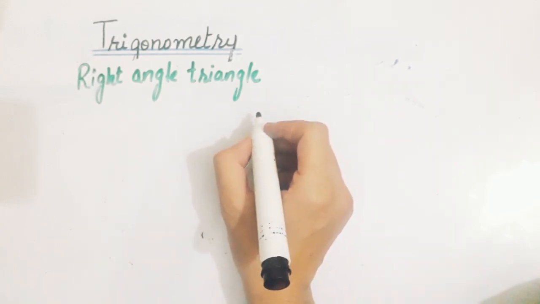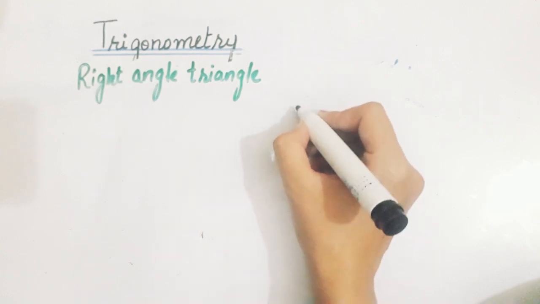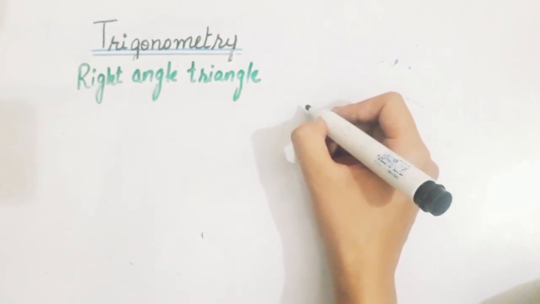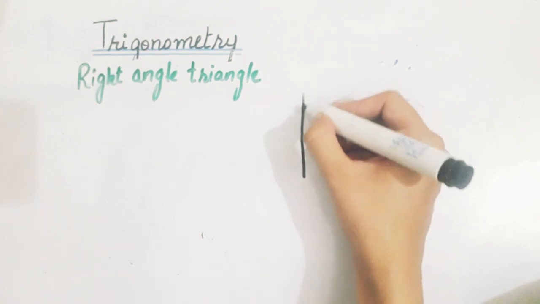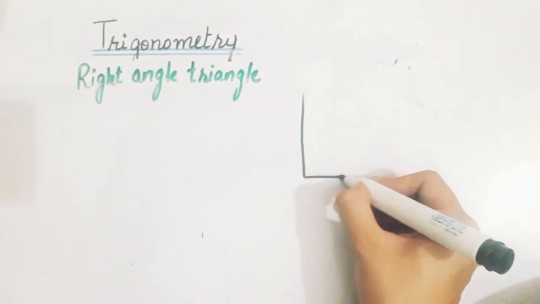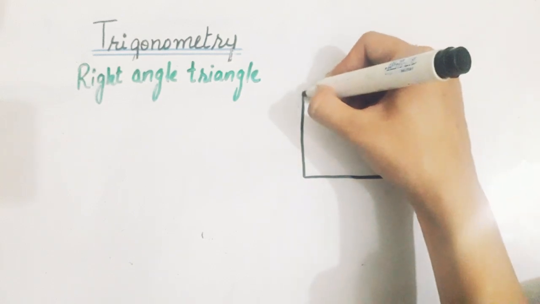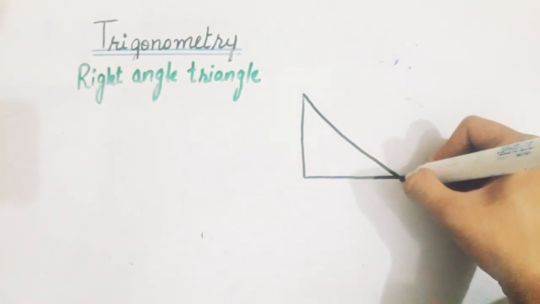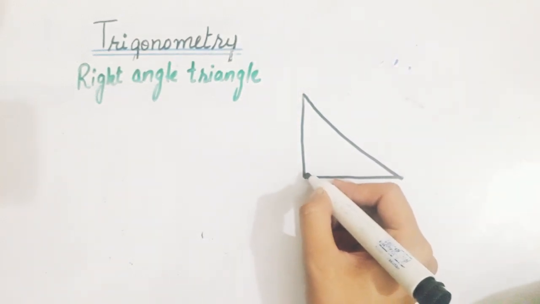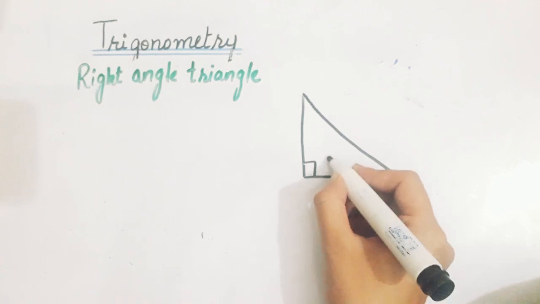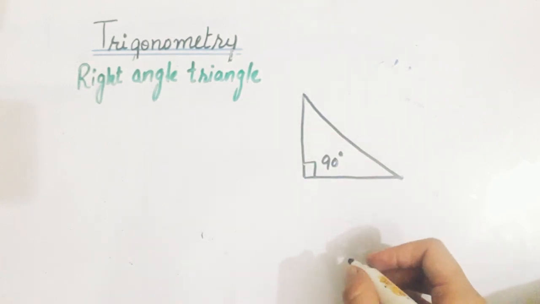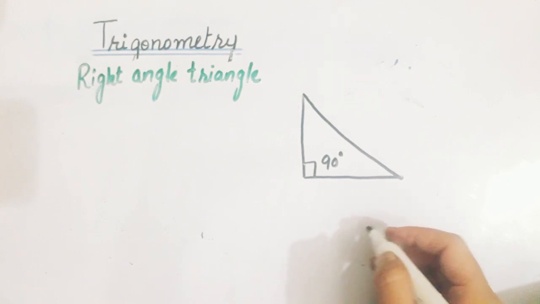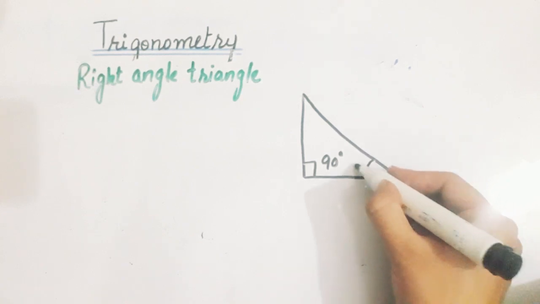So for this purpose, you will consider a triangle in which one line is straight. This is called the right angle triangle, in which one angle is 90 degree. This triangle is called right angle triangle, and this is an angle theta.